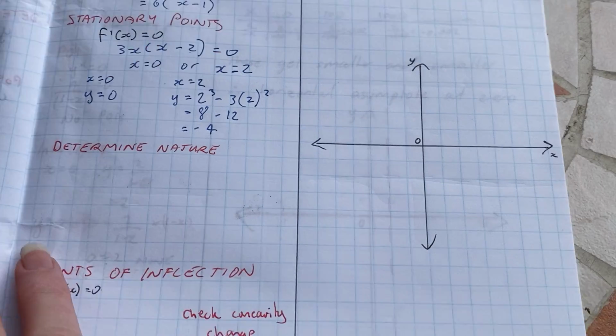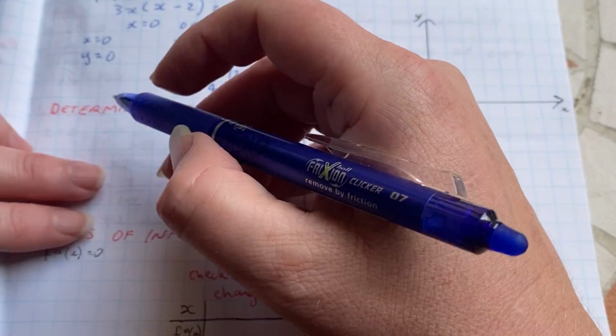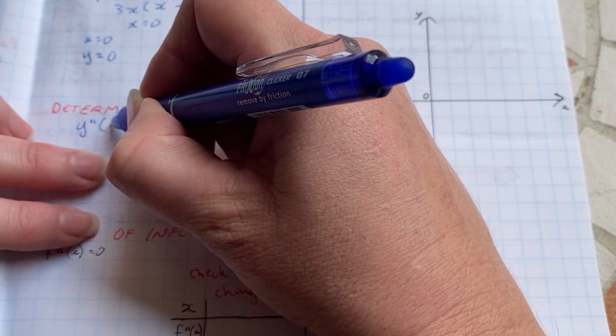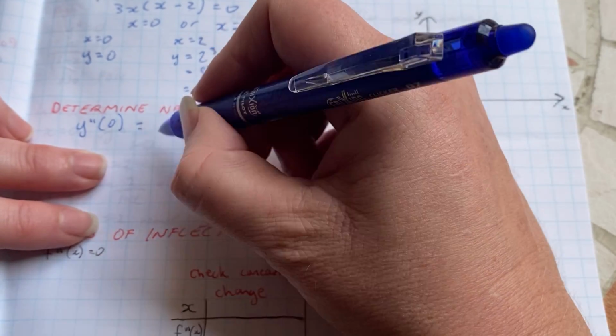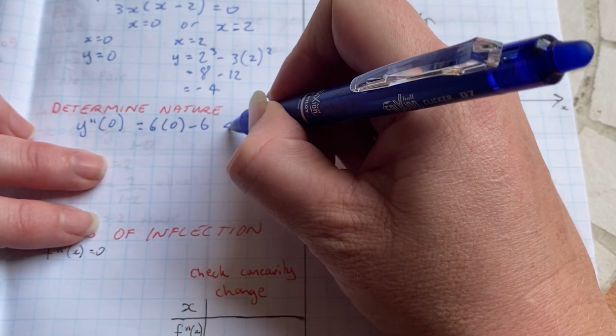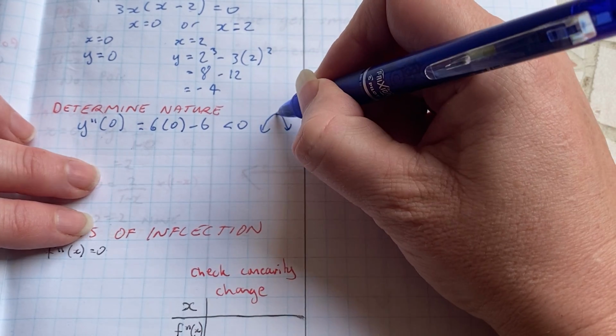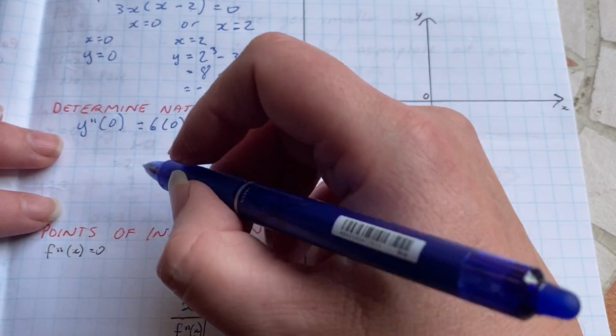Okay, we need to determine the nature of those stationary points. The easiest way to do that is generally to put them into the second derivative. So the second derivative at 0 is going to be 6 times 0 minus 6, which is negative. So think of a sad parabola, that is a maximum turning point.